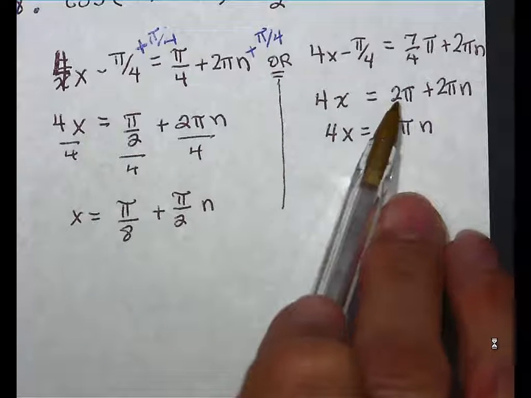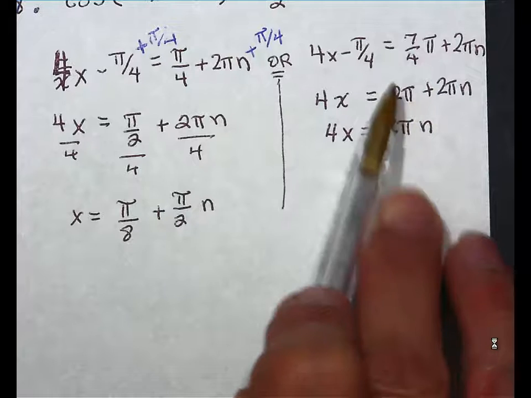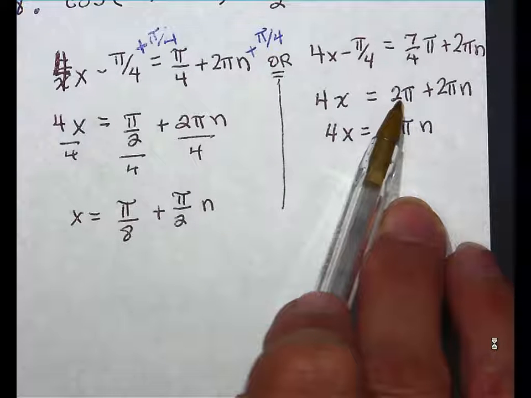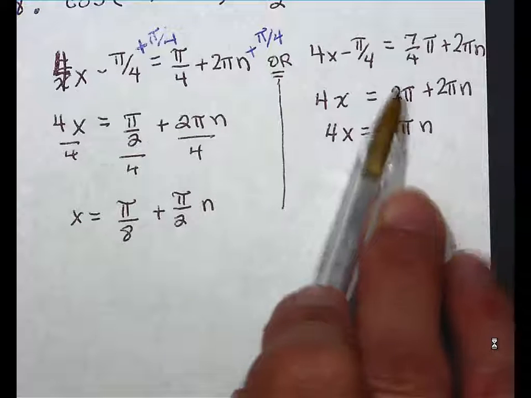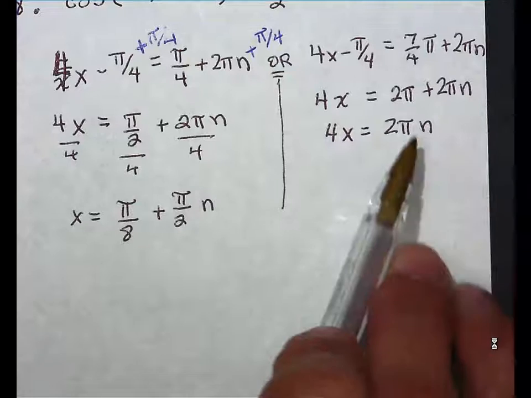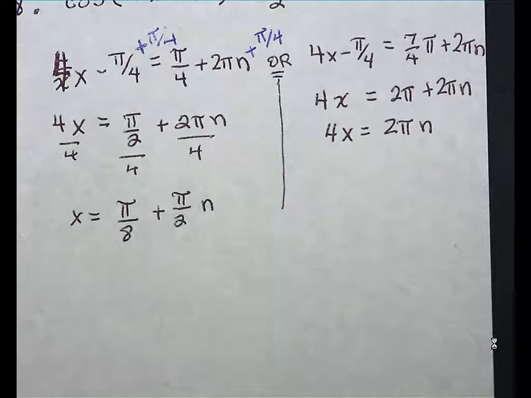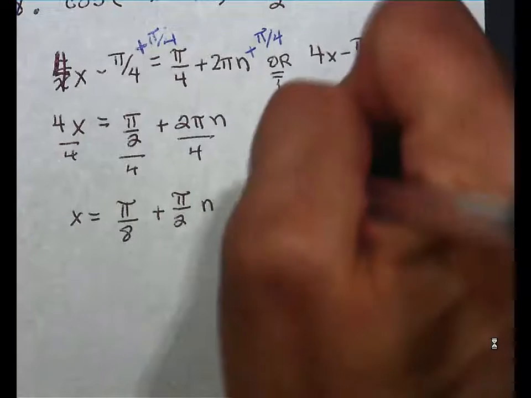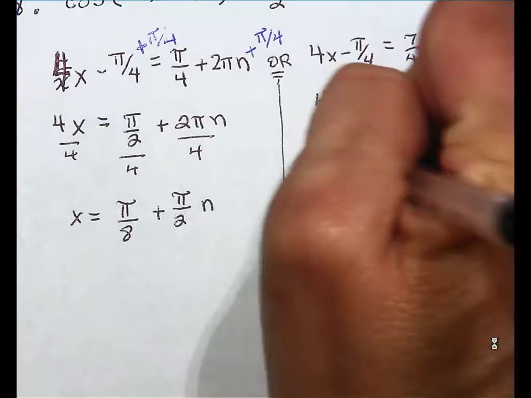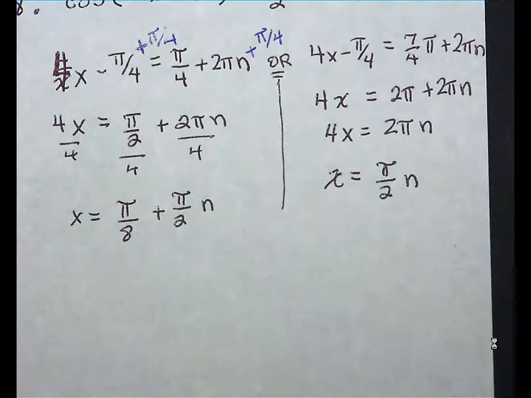Isn't 2 pi equivalent to 0? Think about it that way. 2 pi is coterminal with a 0 radian angle. If you started at 0 and just added multiples of 2 pi, you'd have multiples of 2 pi. And then divide both sides by 4, and you would just have multiples of your half pi's.